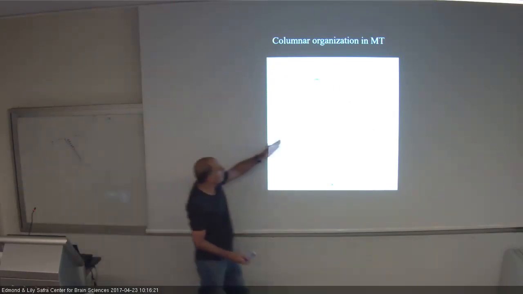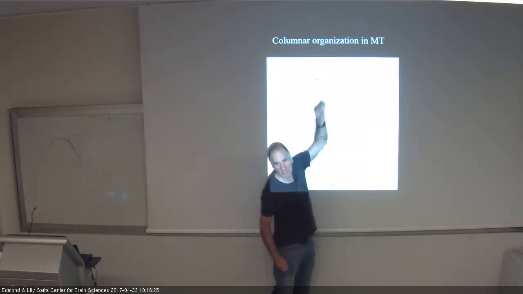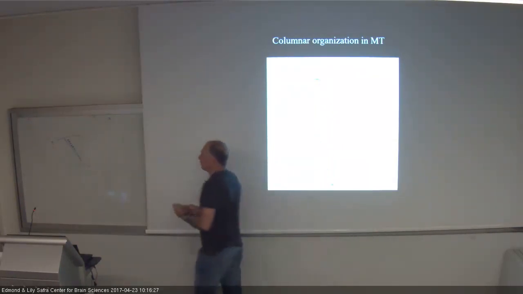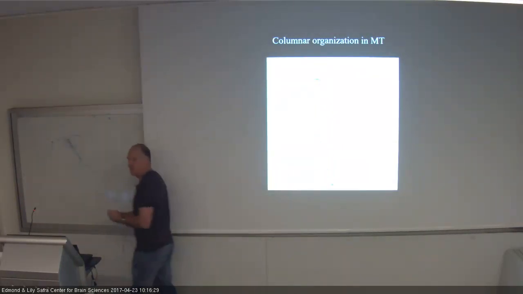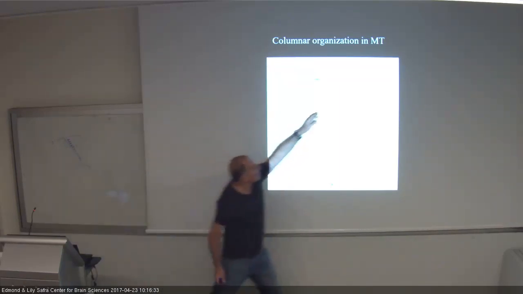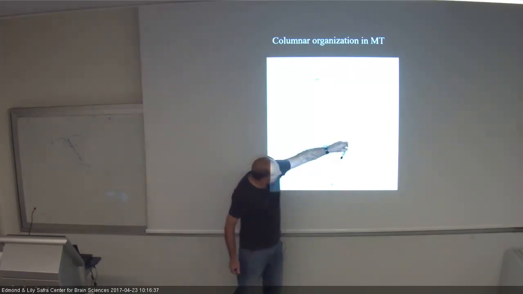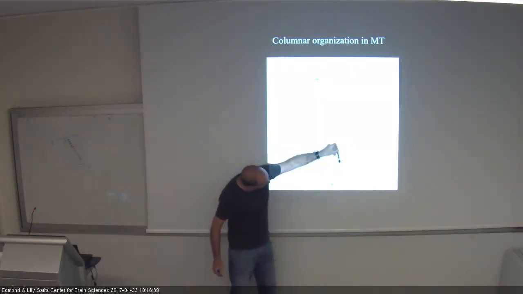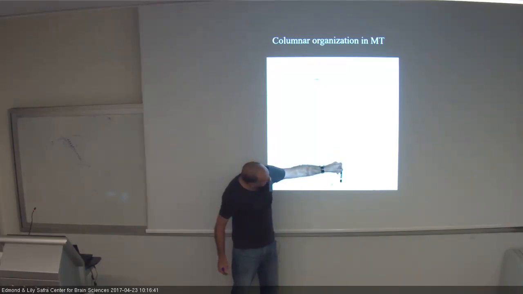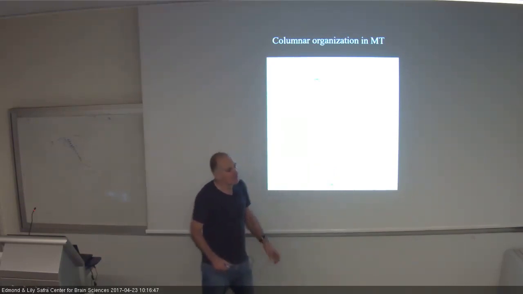So if you move along the track distance and the preferred direction hasn't changed much, it means that you have a columnar organization. So you can think about all these neurons having a similar preferred direction. Now it's not quite so, you see that there's a drop here, and the reason for this is that your movement of the electrode was not quite perpendicular to the cortex, but somewhat at an angle. So you expect this. You move perpendicular.